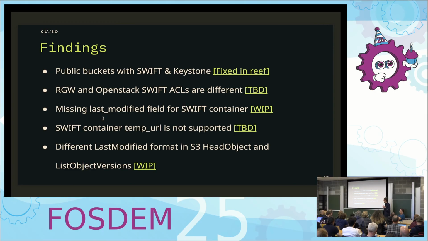Also, we noticed that we had an application which was using ACLs, and when we started RGW Swift with the same Keystone, we had a slightly different owner's ID in the ACL. So it might be important for everyone, but yeah, it broke one of the apps in a tested environment.